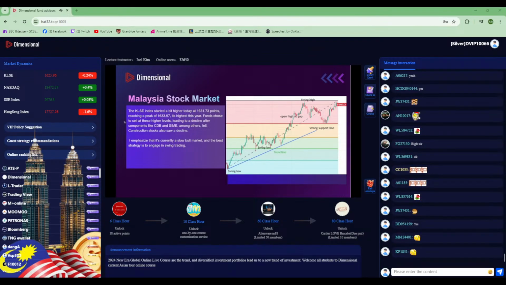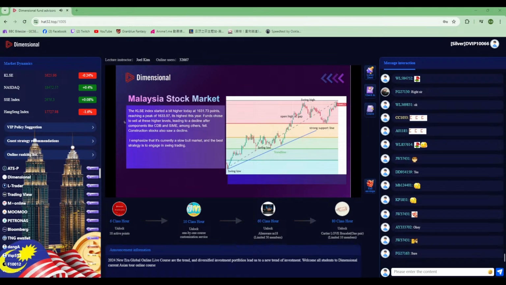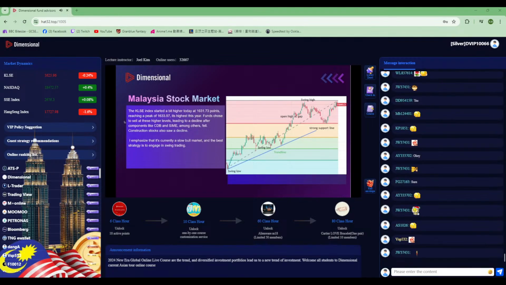Funds chose to sell at these higher levels, leading to a decline, after components like CDB and SIME, among others, all fell. Then construction stocks also saw a decline, which is regarding the recent pullbacks after hitting new highs.